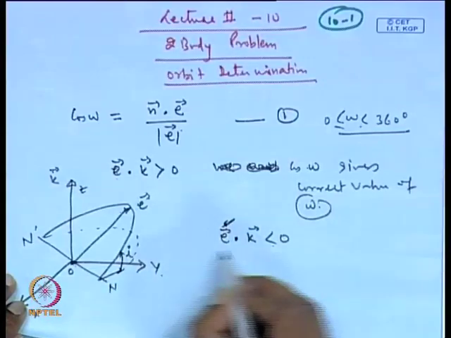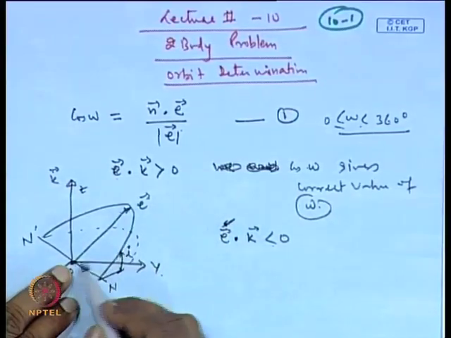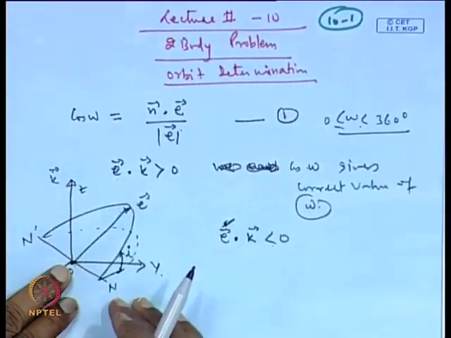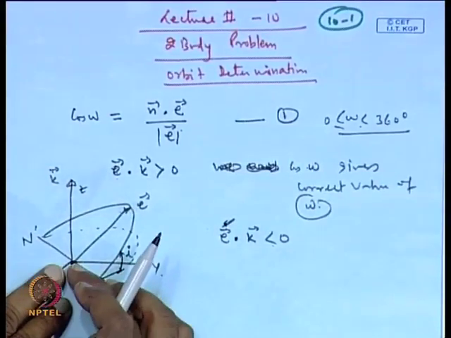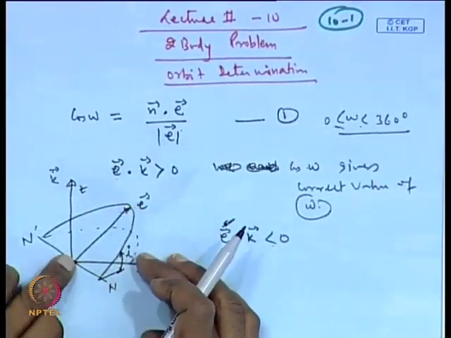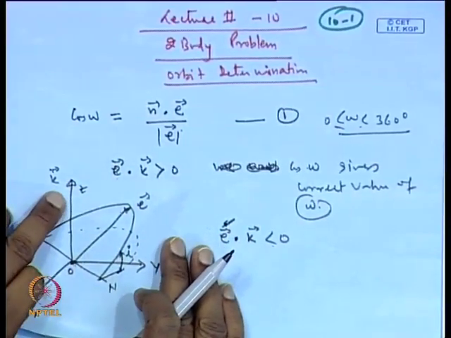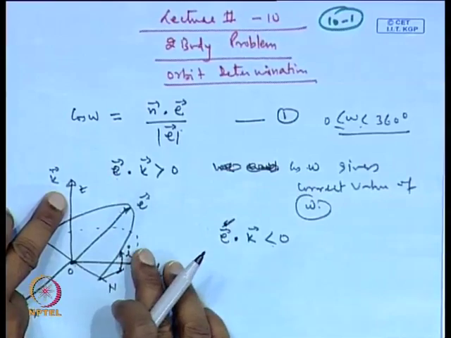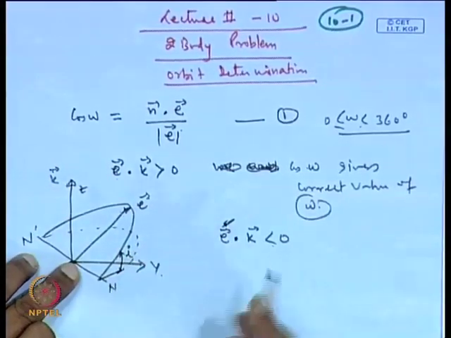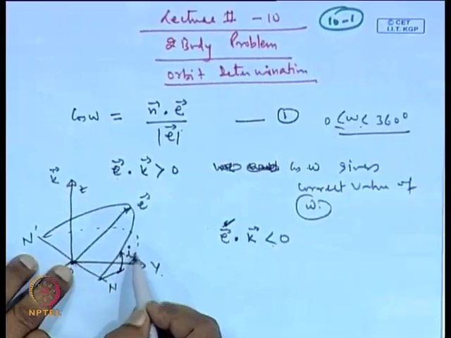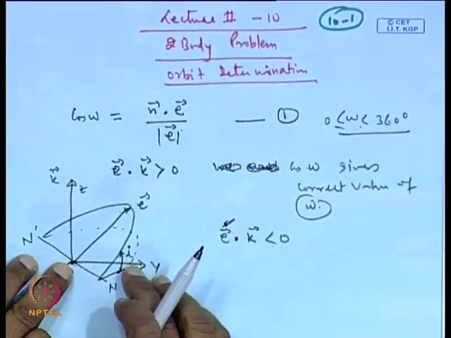From here to here, this angle is positive. Suppose it goes below this, on the right hand side, if it tilts below the x y plane, you can see directly that the angle between k and the E vector exceeds 90 degrees. Here it will vary, measuring from the angle I equal to 0.